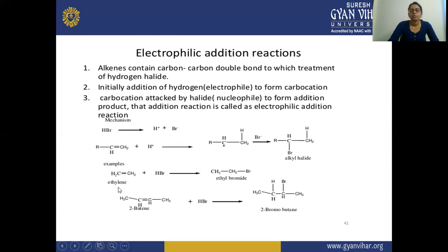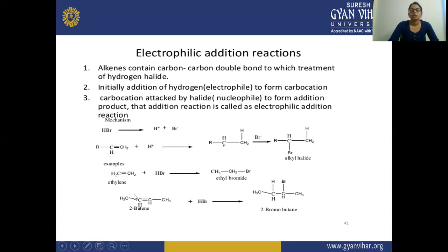We have taken the example of ethylene. When ethylene reacts with HBr, HBr first undergoes fission. After that, H adds to the CH2, and Br attacks the other carbon, forming ethyl bromide.